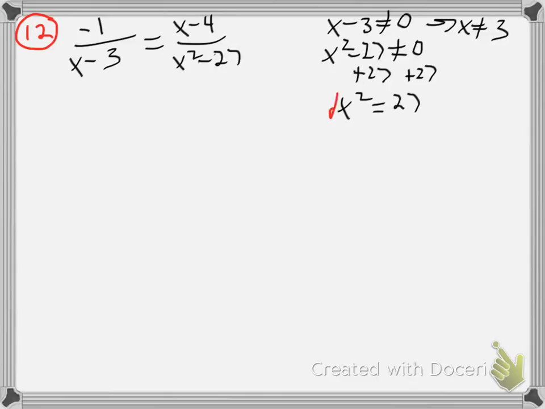Then you can take the square root and you get x does not equal, well, the square root, and it's got to be a plus or minus because you're taking the square root. So plus or minus, and 27 is 9 times 3. So the square root of 9 is 3, root 3. So x does not equal plus or minus 3 root 3.